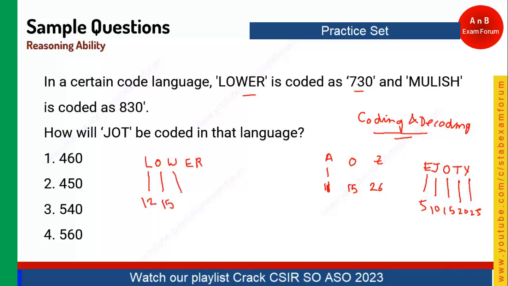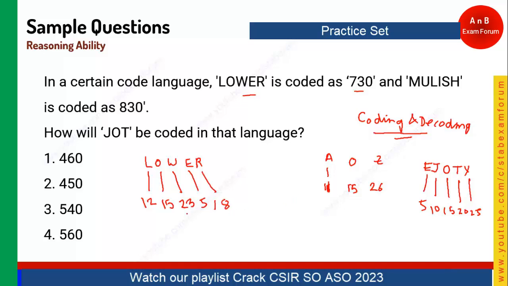Similarly with W, where does W come? After T: T, U, V, W. So you need to add 3 characters after 20. So 20 plus 3 is 23. And E is 5. R is what? O, P, Q, R. So 15 plus 3, that is 18.